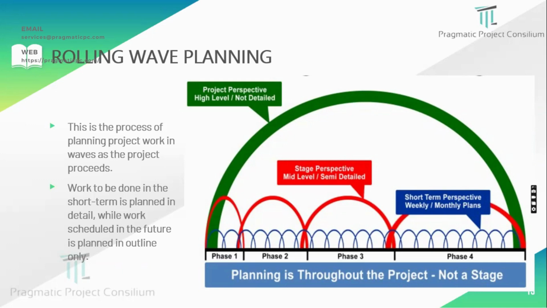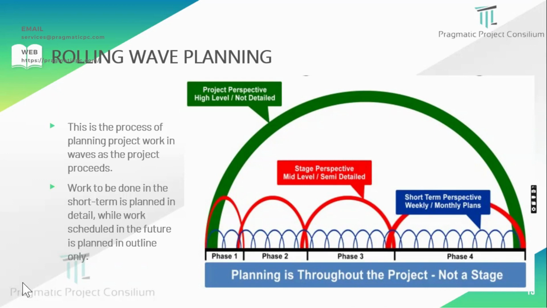Work to be done in the short term, we have to plan. Work to be done in the mid-term, we have to plan, and at the high level also we have to plan, acknowledging the limitation of providing extensive planning detail for distant project phases.